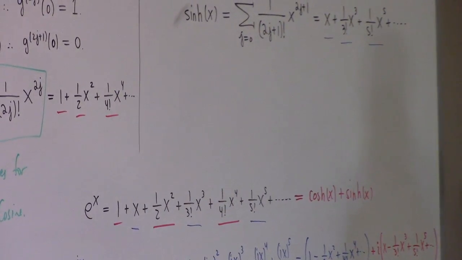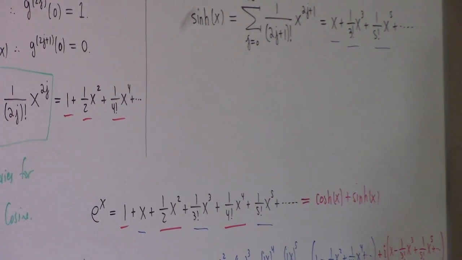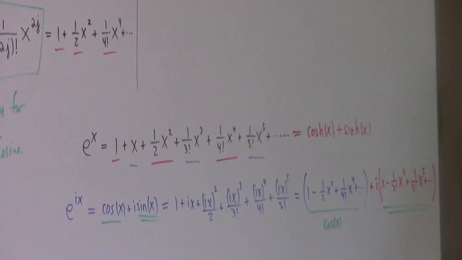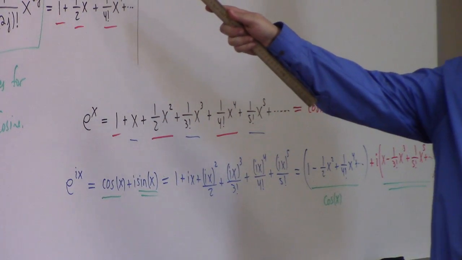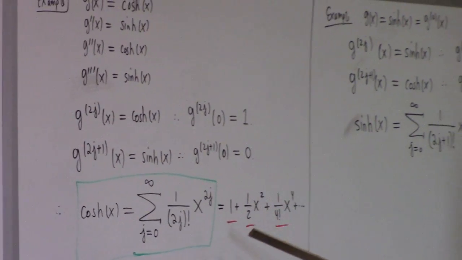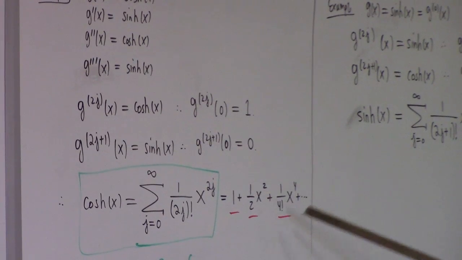Does that make sense? Now, there's something else we should stop and pay attention to, the pattern here. Cosh is an even function, right? Its power series consists purely of even-powered terms. That is not an accident.